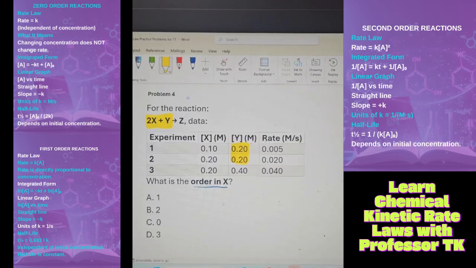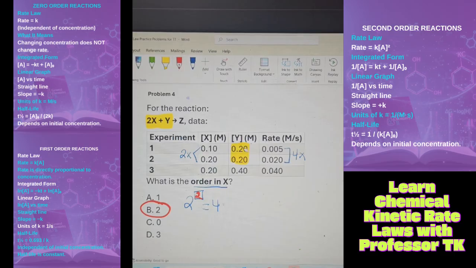Because the first 2 experiments represented that, experiment 1 and 2 shows that x doubled. Well, this also shows me over here that my rate for experiment 1 and 2 quadrupled. So you already know that 2 raised to the power of 2 gives me second order for x.